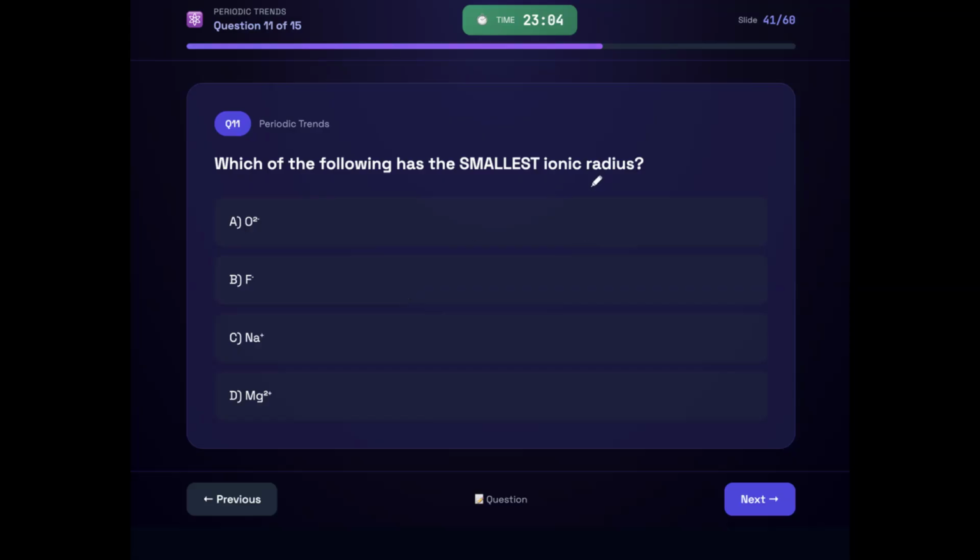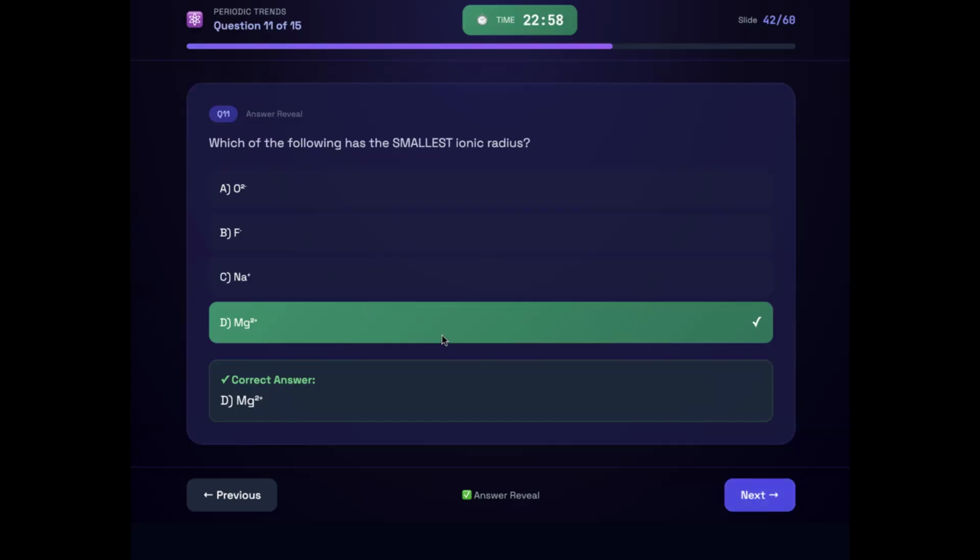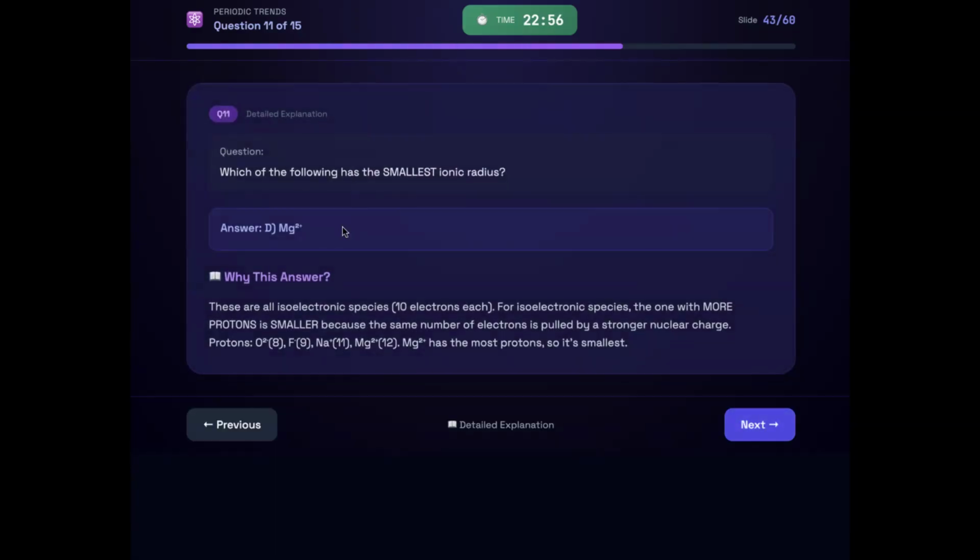Now they all have 10 electrons but a different number of protons. Which one will have the smallest radius? Your answer? Magnesium 2+. Why is that? They all have the same electrons, so they are isoelectronic. Isoelectronic means the same number of electrons. For isoelectronic species, the one with more protons is smaller because the same number of electrons is pulled by a stronger nuclear charge.